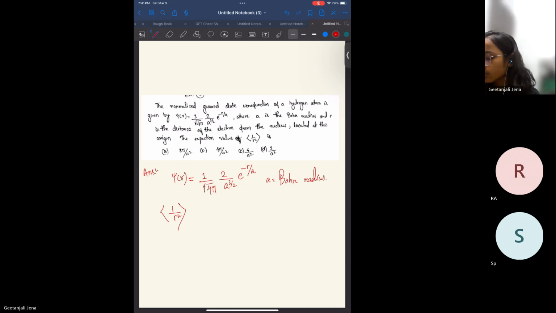For that, what you have to do: this psi of r is already normalized. It is given normalized ground state. That means the expectation value will be psi of r star, 1 by r square, psi of r.